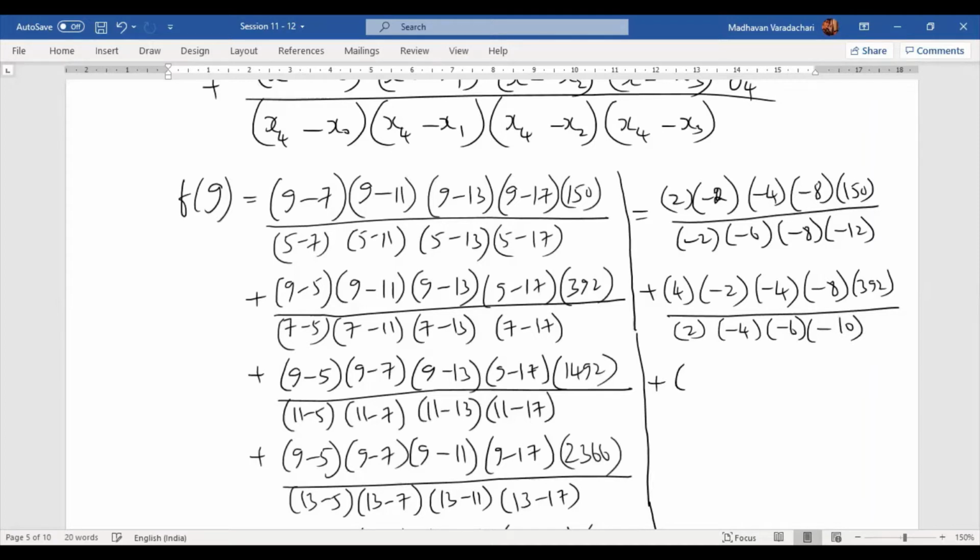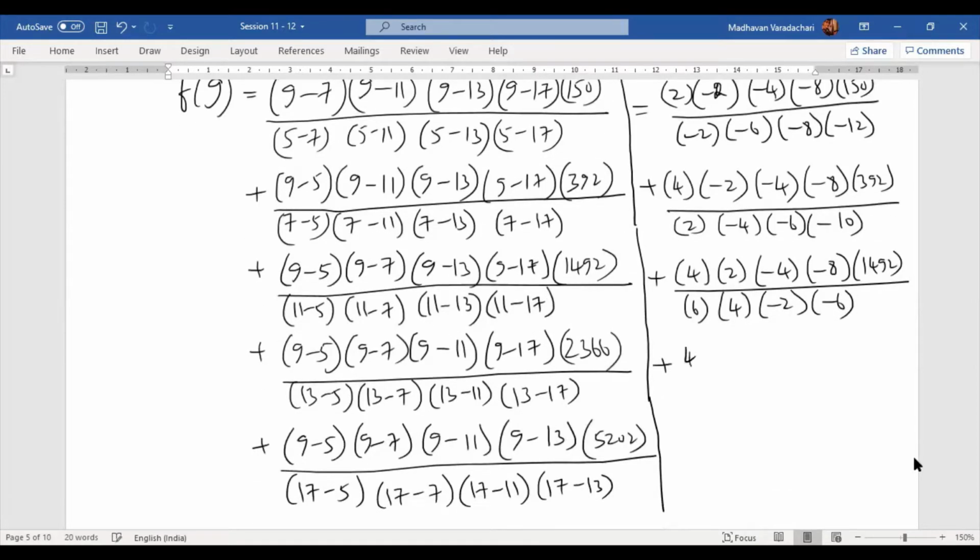Then this is 4, 2, minus 4, minus 8, 1492 divided by 6, 4, minus 2, minus 6. This is 4, 2, minus 2, minus 8, 2366 divided by 8, 6, 2, minus 4.